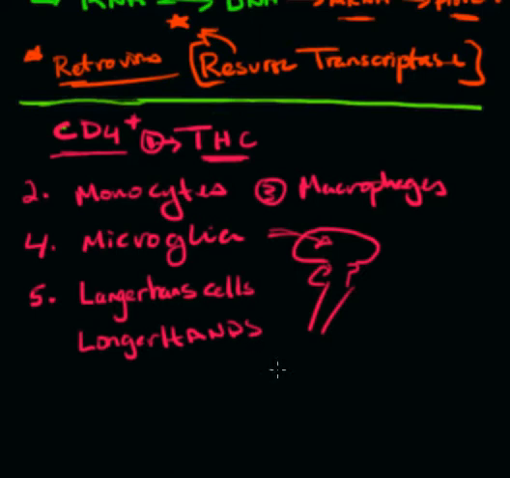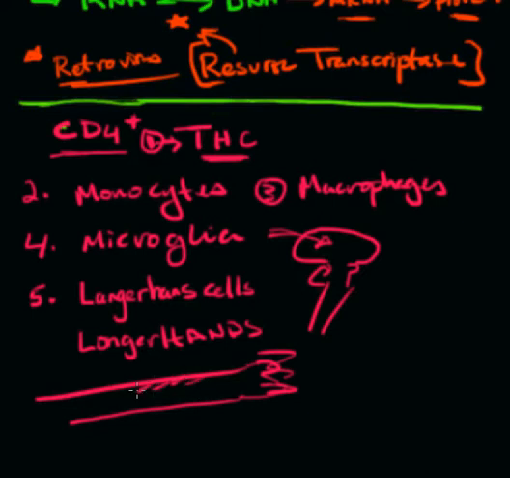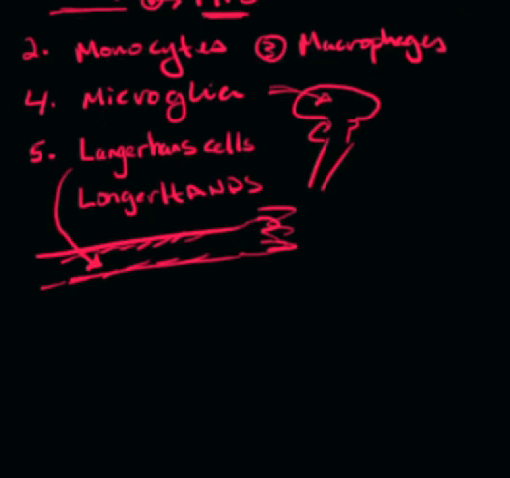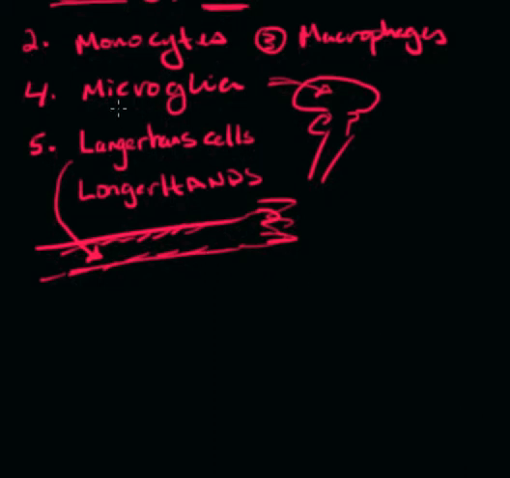Imagine this is a long hand, and this is the skin. So the dermis and all that, you remember that Langerhans cells are around that area, the skin parts, and that's where HIV can attack as well. Most of the time we hear T helper cells, but it's good to know that HIV can also attack monocytes, macrophages, microglia, and Langerhans cells.